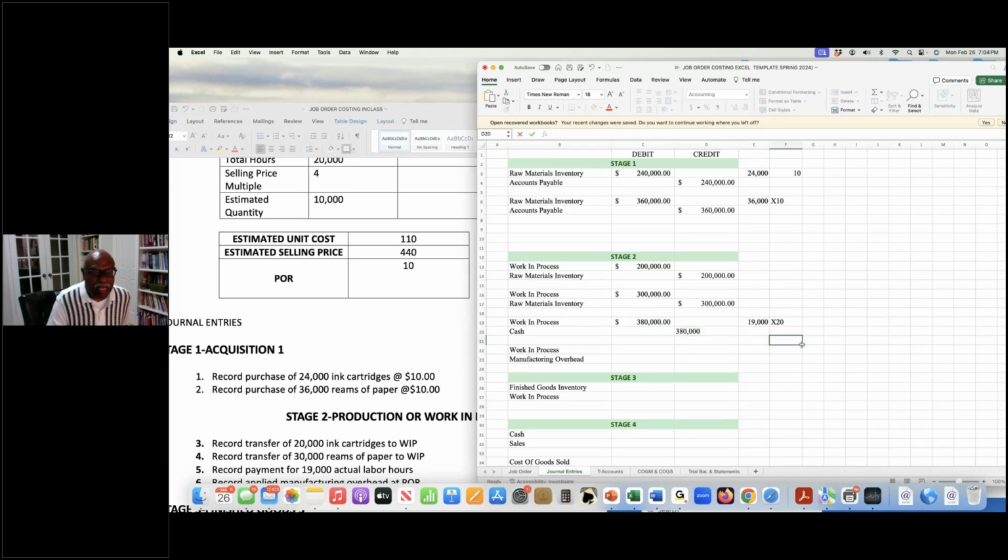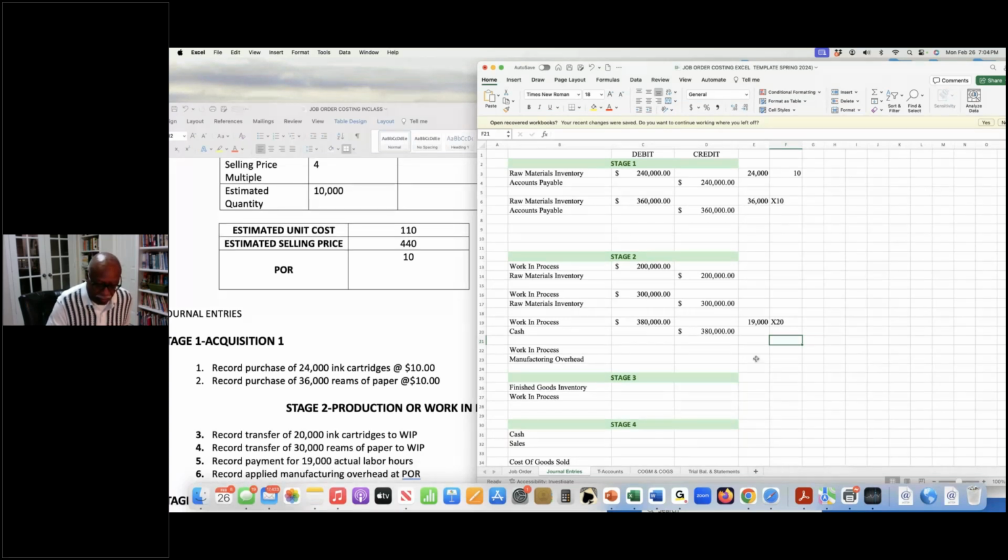Then here's where we're going to use the POR. We're going to take those same 19,000 hours and multiply that by our POR. That's going to give us 190,000. Any questions on stage two? We debited work in process each time.